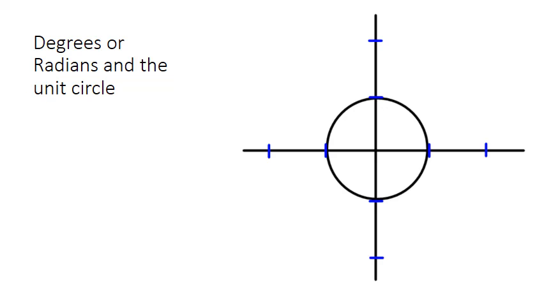Let's start summarizing what we know, and we're going to build up to a definition of radians and how we can apply everything to the unit circle. So by unit circle, we mean that we have a circle that has a radius of 1. So unit basically here is just referring to 1.